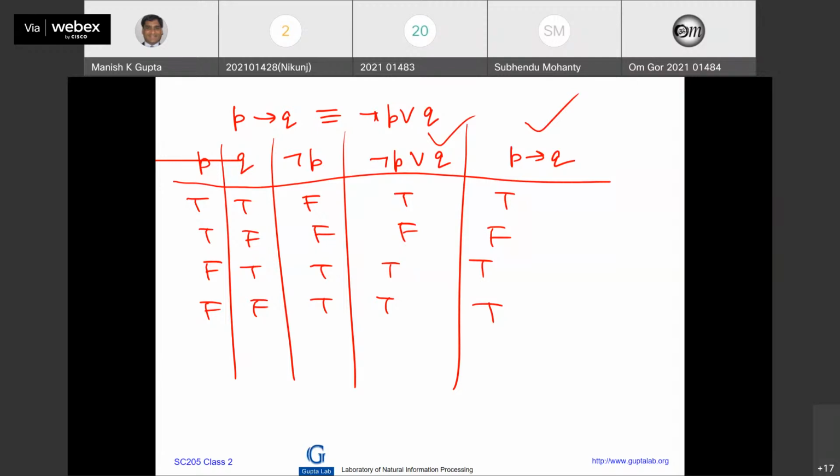I'm skipping all that portion, which is very easy. I hope you can just read it. If I write it here, there is no point just repeating.